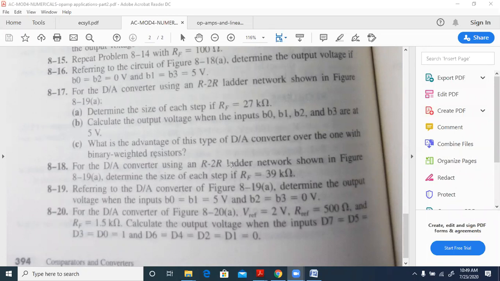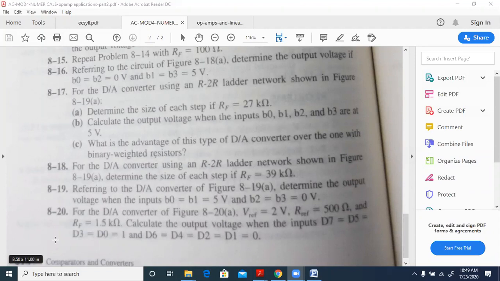So step size in this case would be 5 divided by 16 into 10 multiplied by 39, multiplied by 3 will be the output voltage.